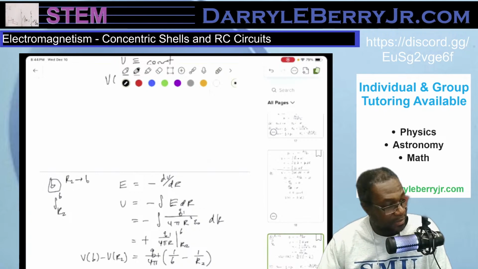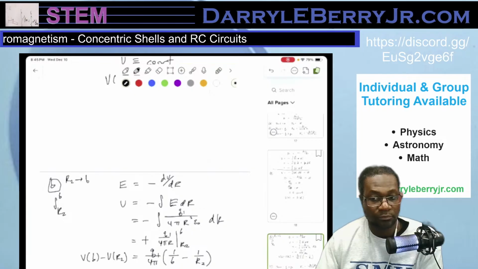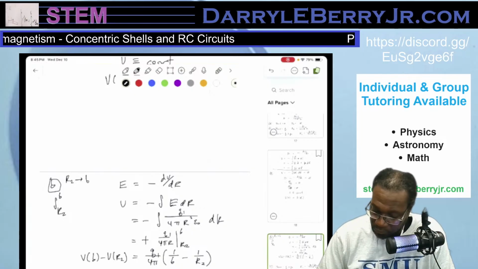So the minus was in the numerator, but it is still pretty similar. Leave that there for now.